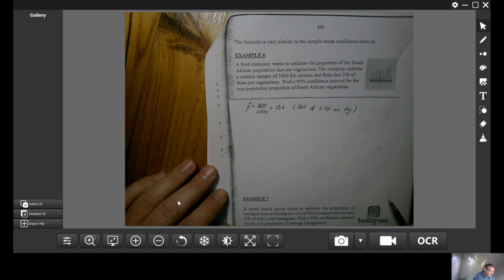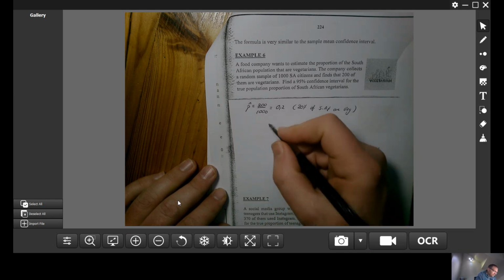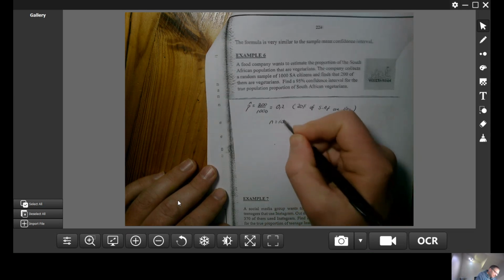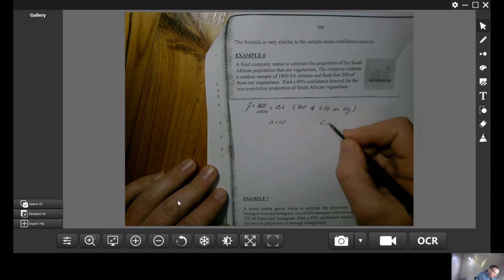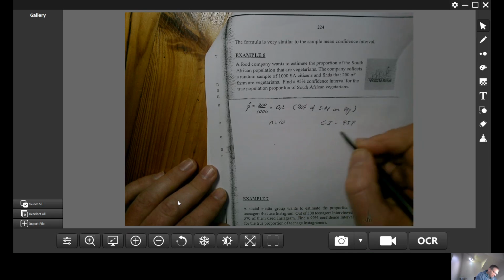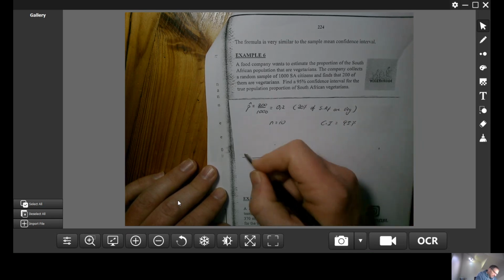So then it says, we want a 95% confidence interval for the true population proportion of South African vegetarians. First of all, we've got n equal to 1,000 and a confidence interval we're looking for of 95%.